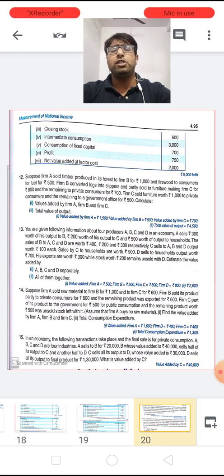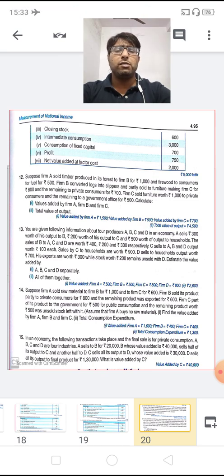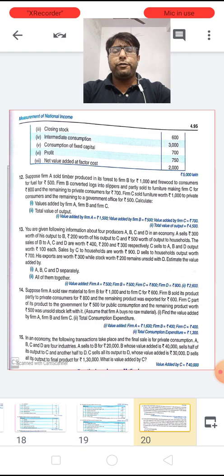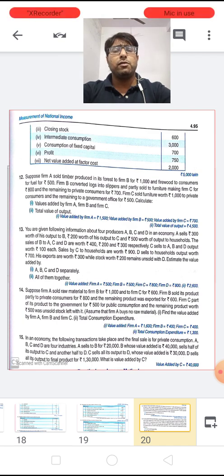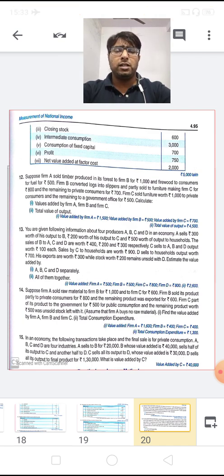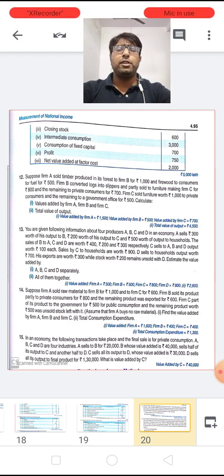How would we reach, or how can we convert these various things with each other. If you have any doubt with the conversion, kindly go to the previous videos where I have explained in brief the various conversions of one aggregate into another aggregate. So once all these concepts are clear to you, you will be able to solve these questions very easily.